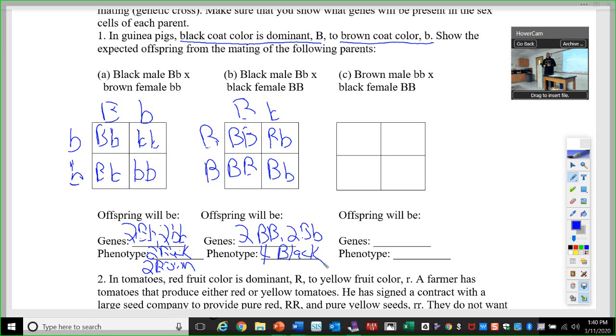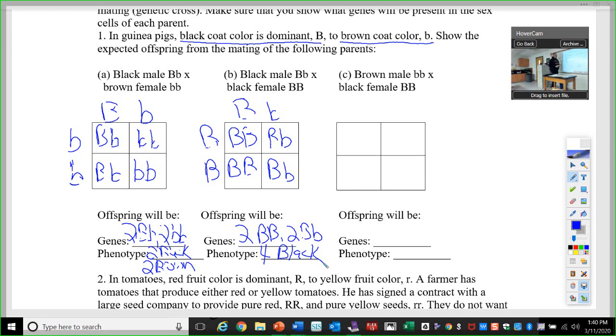Can we? Can I look at a black fur guinea pig and know which one of these that guinea pig would be? No. All I know is they show black, and it's the dominant gene. Which again, we're going to come back to. How do we figure this out? How do we find out whether they're homozygous dominant or heterozygous? And that's going to come back to our test cross.